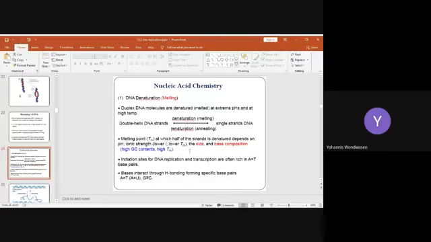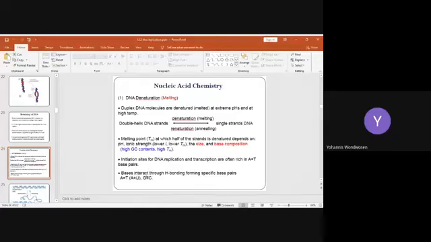So initiation sites for DNA replication and transcription are often rich in adenine-thymine base pair regions. We will see in the next.